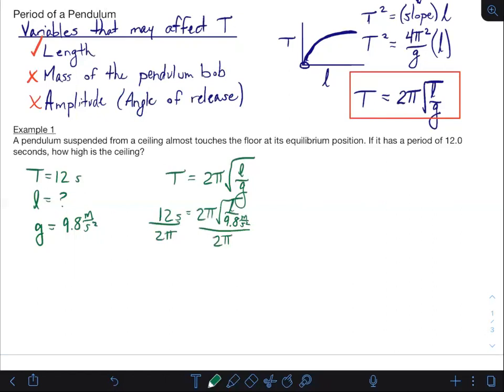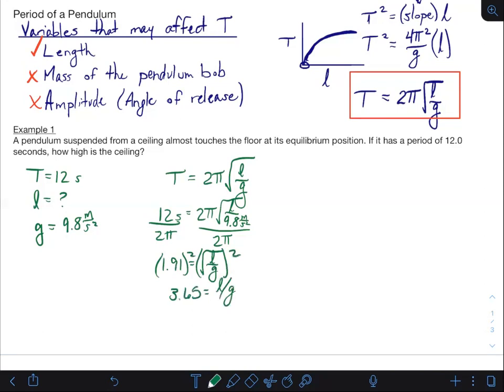So we'll divide 2 pi out from the right-hand side of the equation, and we end up with 1.91 is equal to the square root of L over g. So let's square both sides of the equation to get rid of that radical that's on the right-hand side. And we get 3.65 is equal to L over g, which is 9.8.